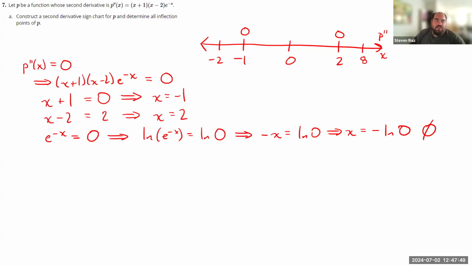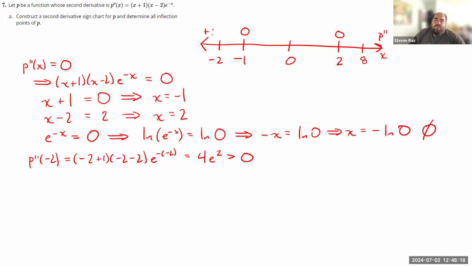So now that we have chosen some test points, let's evaluate the second derivative at each of them. So p''(-2) is equal to (-2 + 1)(-2 - 2)e^(-(-2)). Or I should get -1 times -4, so 4e^2. That is a positive number.